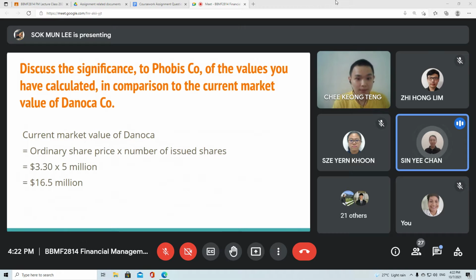Discuss the significance to the company of the value you have calculated in comparison to the current market value of Tanaka company. The current market value of Tanaka is 3.3 times 5 million, which is 16.5 million.